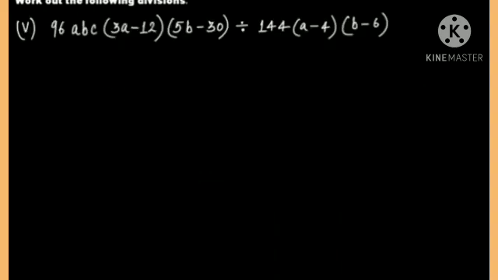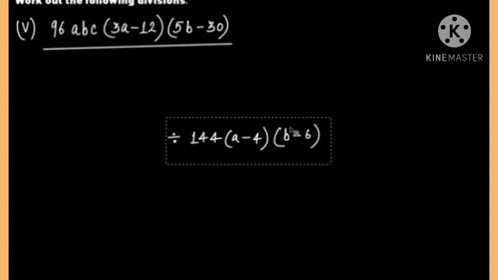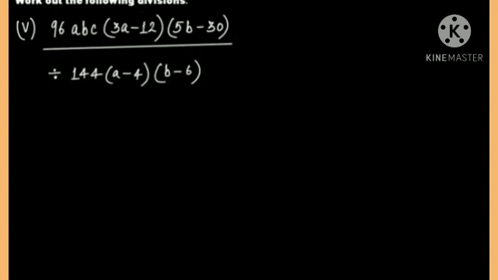And the last one, we have 96 multiplied by ABC multiplied by 3a minus 12 multiplied by 5b minus 30, and you have to divide by this. Okay, in this case you can write this as 96 divided by 144.